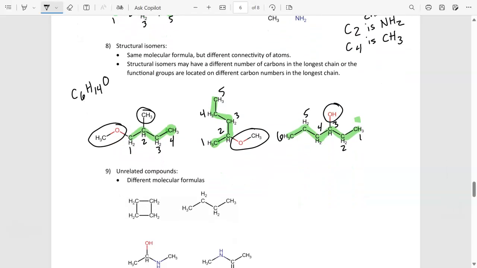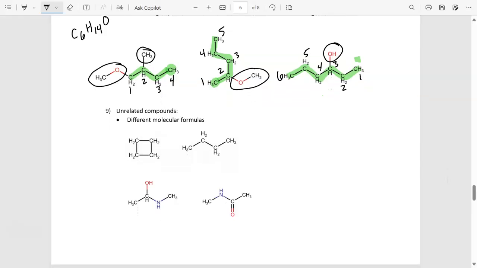And then the last type we're going to look at are unrelated compounds. So these tend to be the easiest because as soon as you look at those molecular formulas, they're going to be different. So if I count up the number of carbons in both of the structures, I do have 4 carbons. But on the left-hand side, this is, remember, cyclobutane.